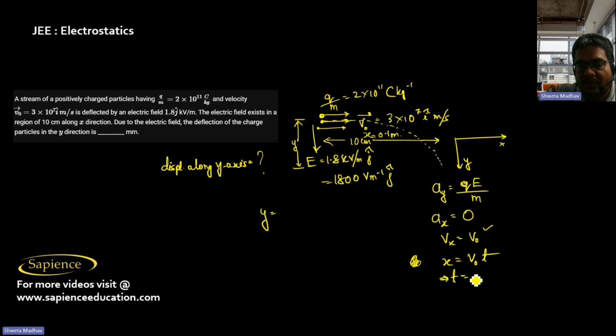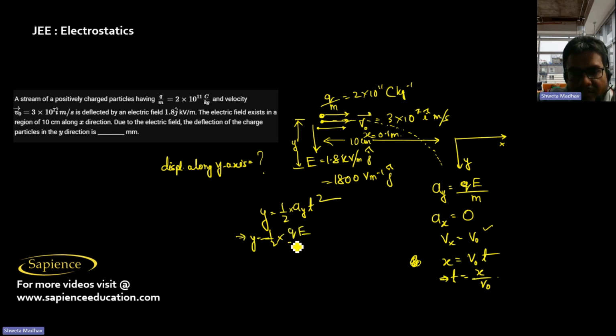So t will be equal to x by v naught, and y will be equal to half into ay into t square. Since the initial velocity along the y direction is 0, y will be equal to half into acceleration, which is QE by m, into t square. T is x by v naught, whole square.